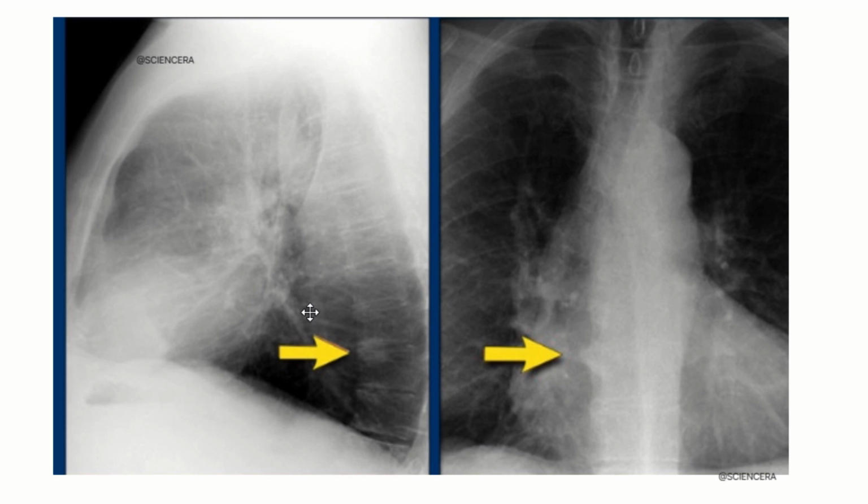If they see anything unusual in the spine area on the side view of the X-ray, they will also take a front view X-ray to get a better look. So they will take the posterior anterior view. They are specifically looking for signs of spondylosis, which often show up more clearly on the front view of the X-ray.